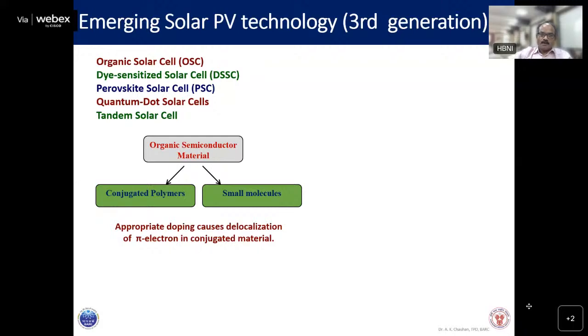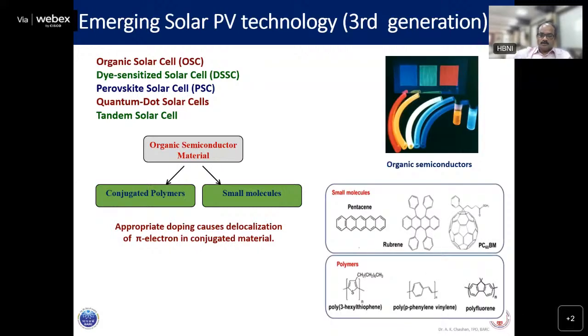However, in the case of organic semiconductors, you have conjugated polymers or small molecules, and the number is practically unlimited. Doping causes delocalization of the pi electrons in the conjugated material. Conjugated materials are those where there are alternating single bonds and double bonds.